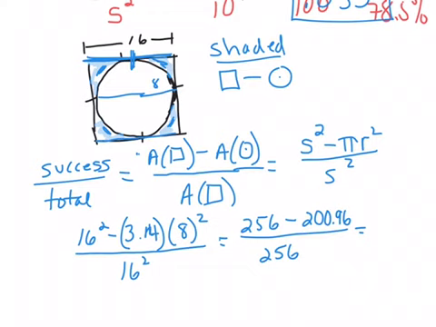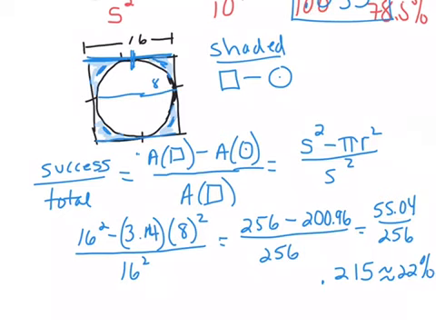So if we do 256 minus 200.96, we get 55.04. Whenever you see that fraction bar, I didn't say that earlier, but it does mean to divide. And then when we do divide that out, it comes out to be 0.215, or roughly, if you wanted a percent, 22%.